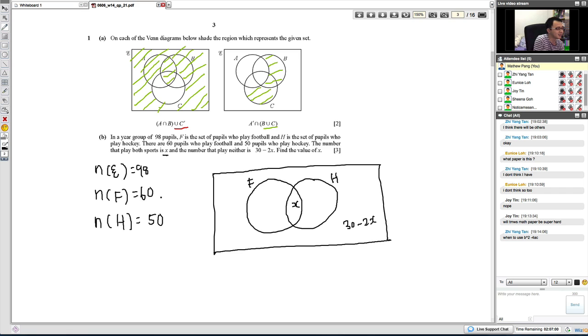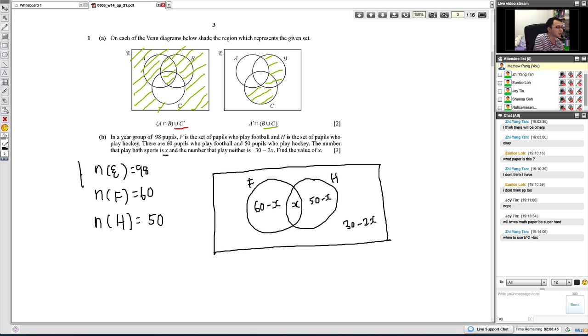I know 60 is for football, so the whole football circle is 60. I have x here, so this part is 60 minus x. And hockey is everything here, so this part will be 50 minus x.